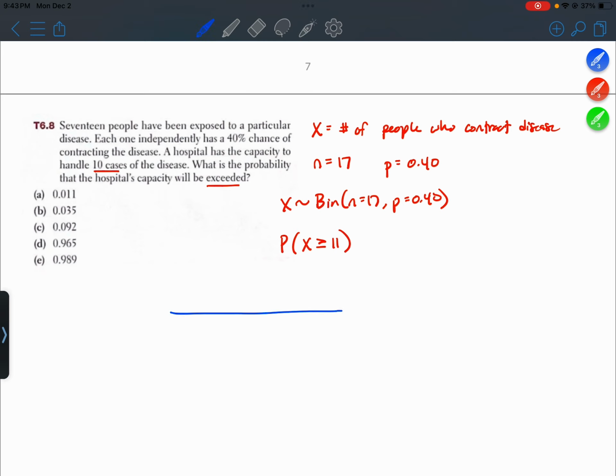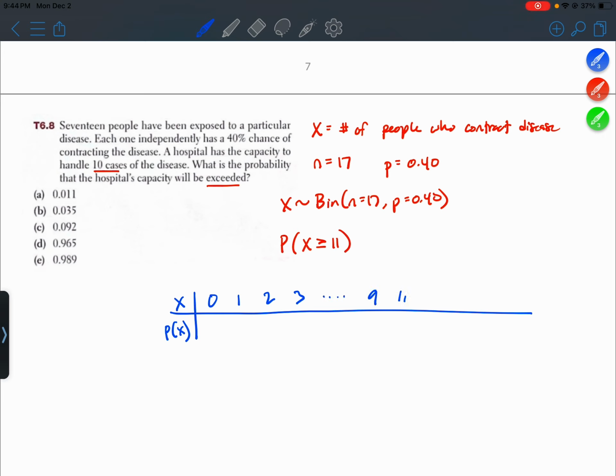So let's make a distribution. Okay, so X, the number of people who contracted the disease, and the probability of X. Okay. Now, best case scenario, nobody gets the disease, right? Everybody was exposed, but nobody actually gets the disease. Okay, maybe one person gets it, maybe two, maybe three, right?